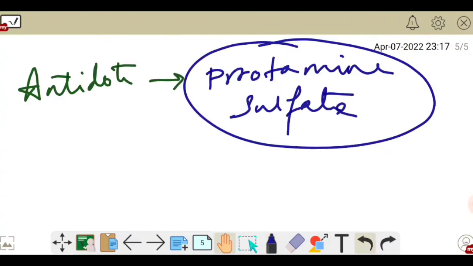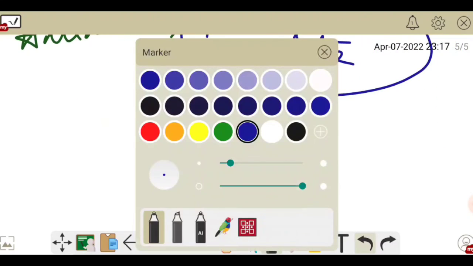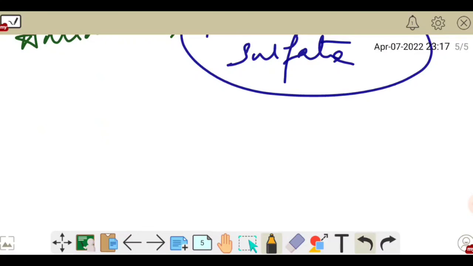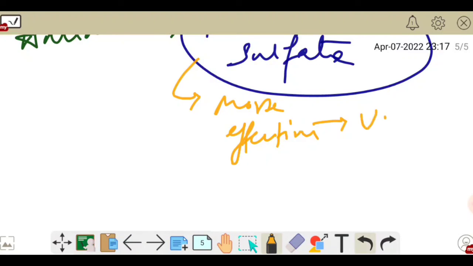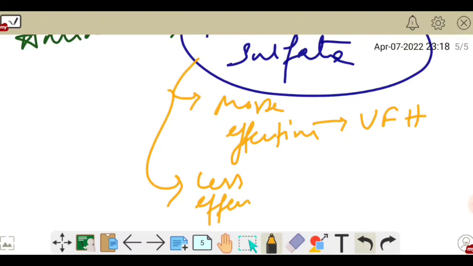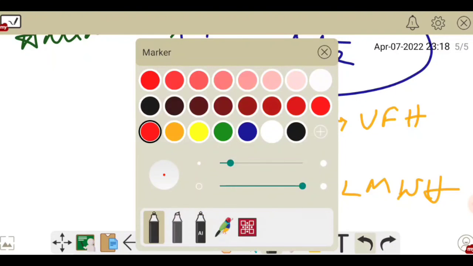And one point you should add is that protamine sulfate is very much effective against unfractionated heparin, but much less effective against low molecular weight heparin. So these 2 points you should remember.